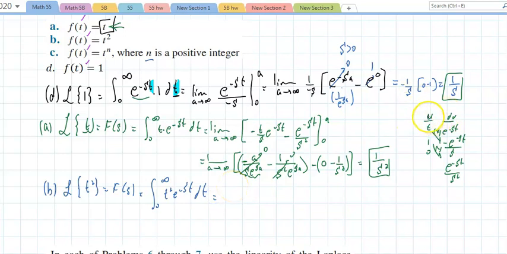If I was to write u equal to t squared, a derivative, another derivative, and another derivative. And if I was to integrate, and another integral, e to the negative st over negative s cubed. So now it is going to be this.